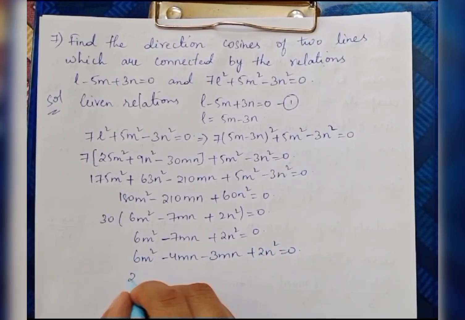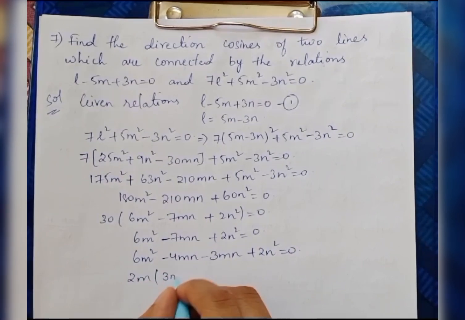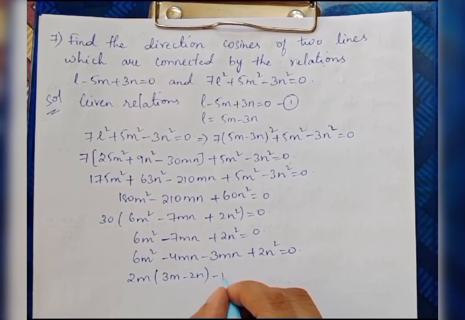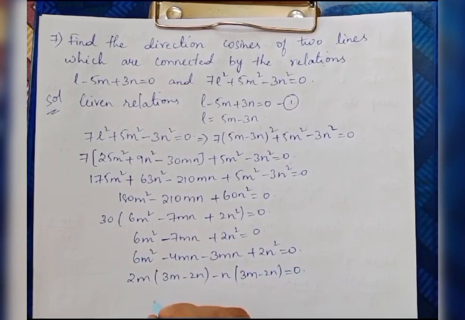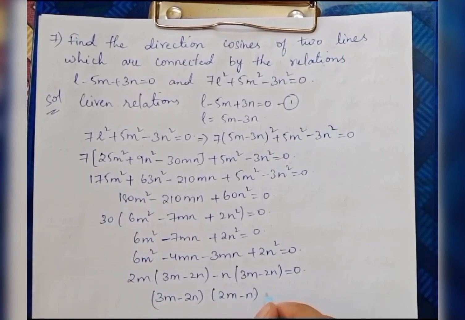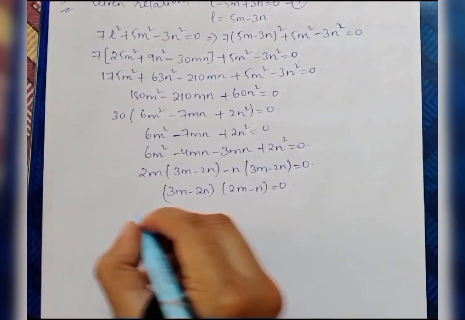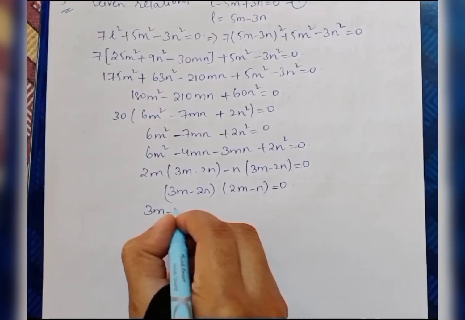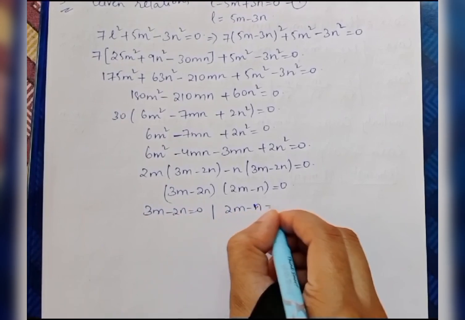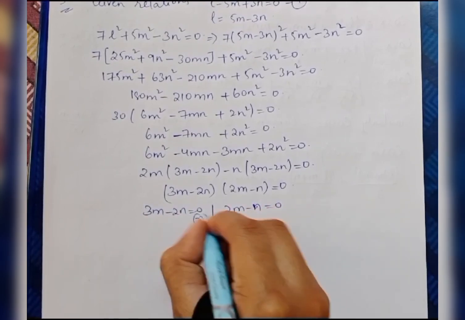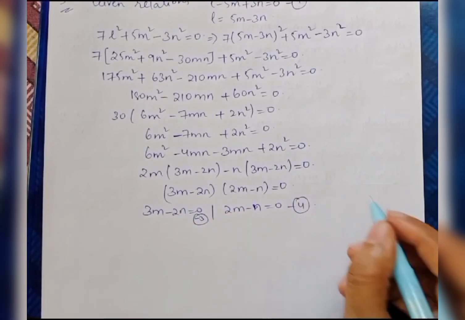We'll take 2m common, so it is 2m(3m minus 2n) minus n(3m minus 2n) equals 0. So one factor is 3m minus 2n and another factor is 2m minus n equal to 0. So our third equation becomes 3m minus 2n equal to 0 and 2m minus n equal to 0. This is equation 3 and this is equation 4.